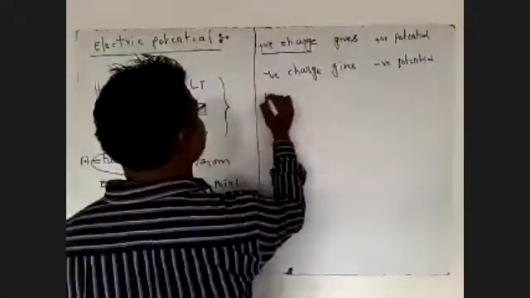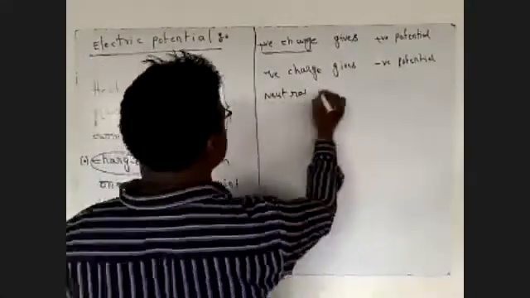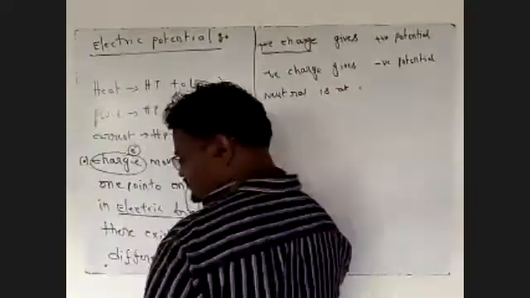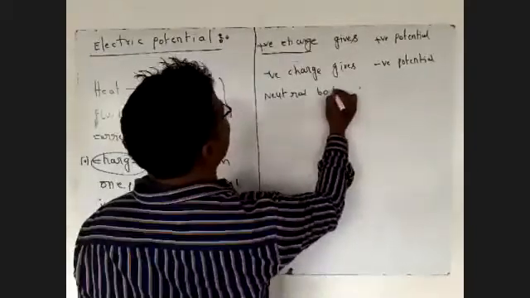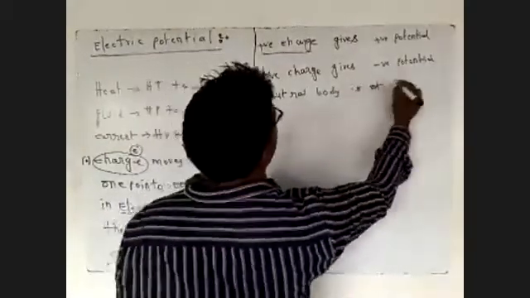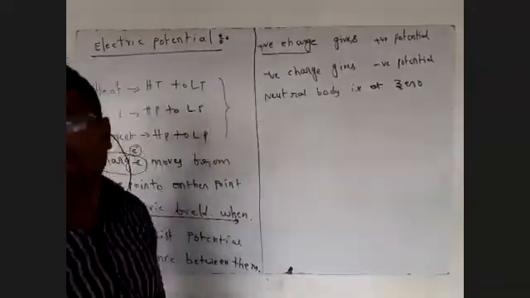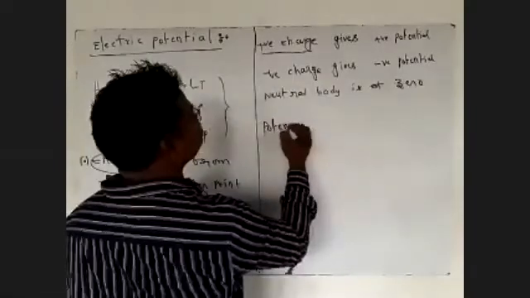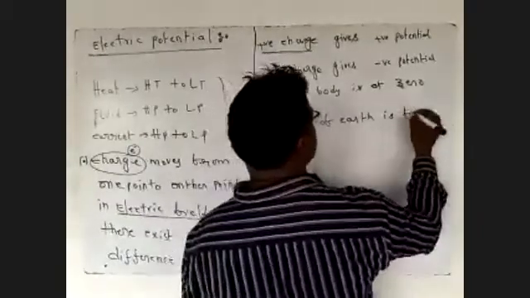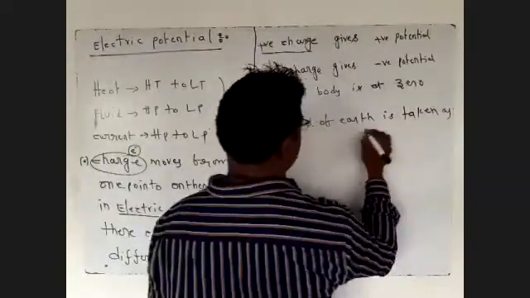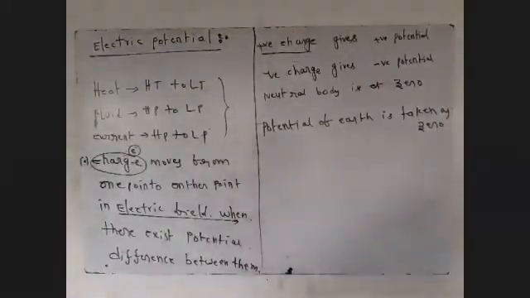Next, a neutral body is at zero potential.